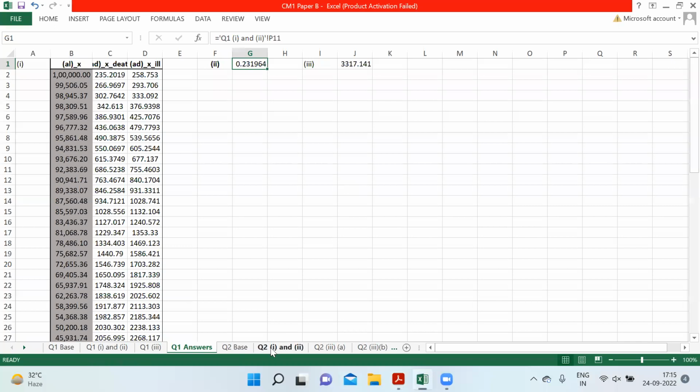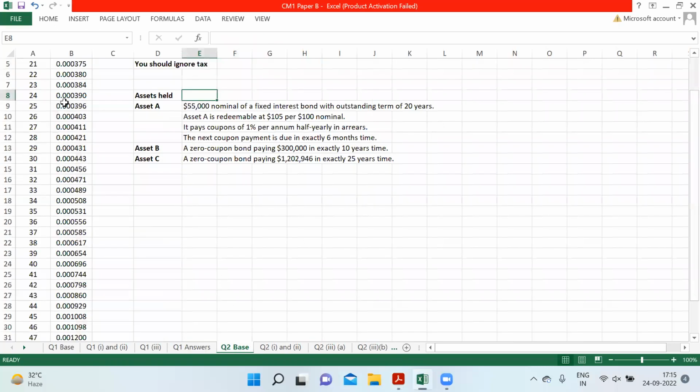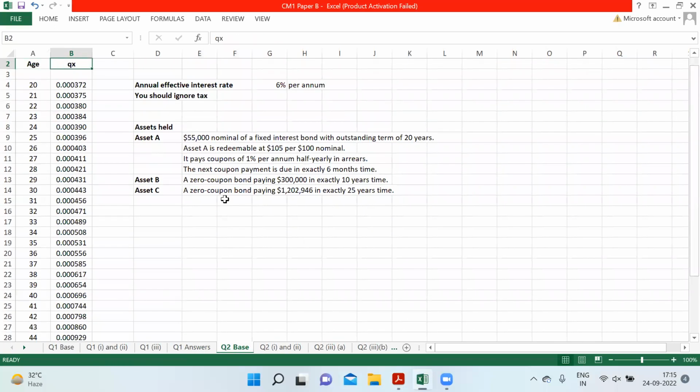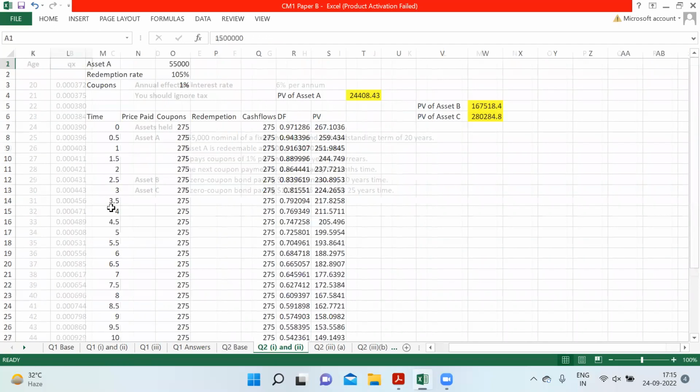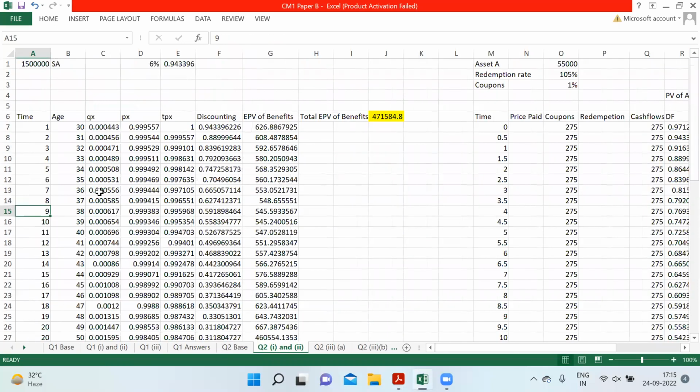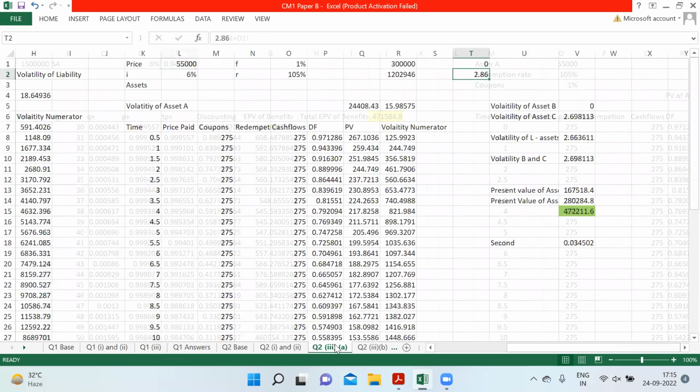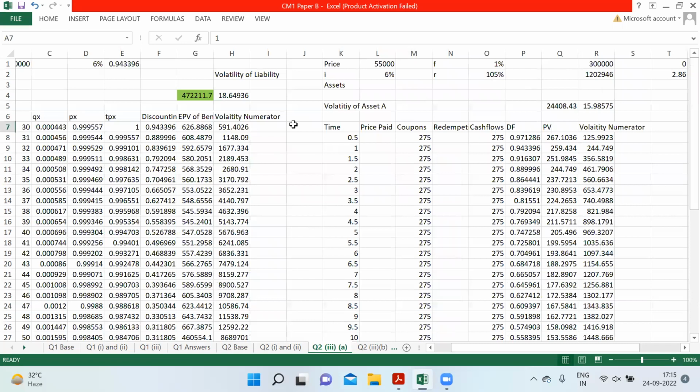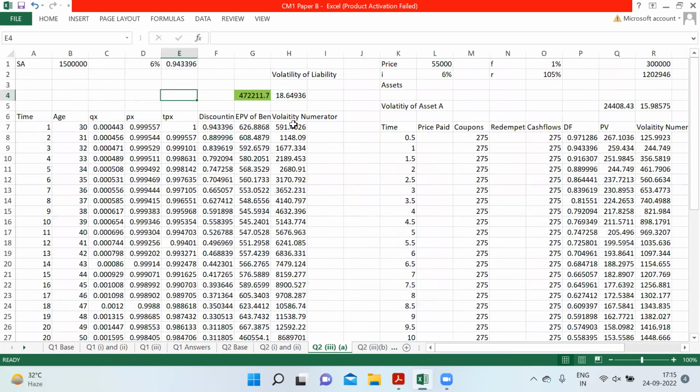So this is very easy, given our assets are listed over here and we have been given the qx for endowment assurances. We can easily take out the part for this. I'll just show you. Let's see this part.